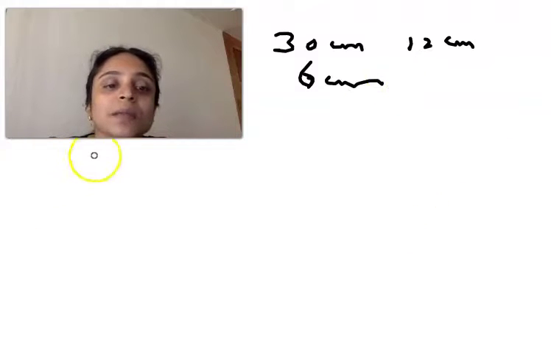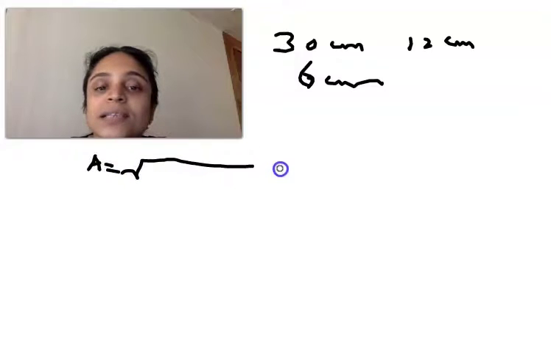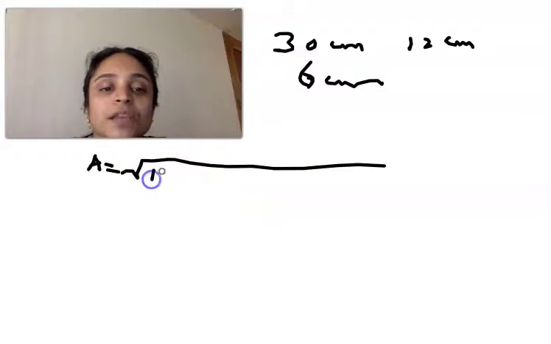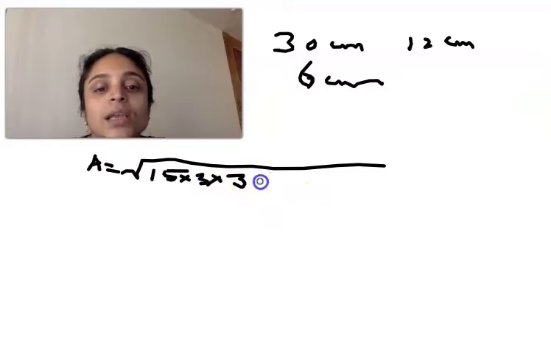Now just apply this. A equal to root of, and what is S here? 30 by 2 is 15. 15 into 15 minus 12 is 3. So 15 into 3 into 3 into 15 minus 6 is 9.